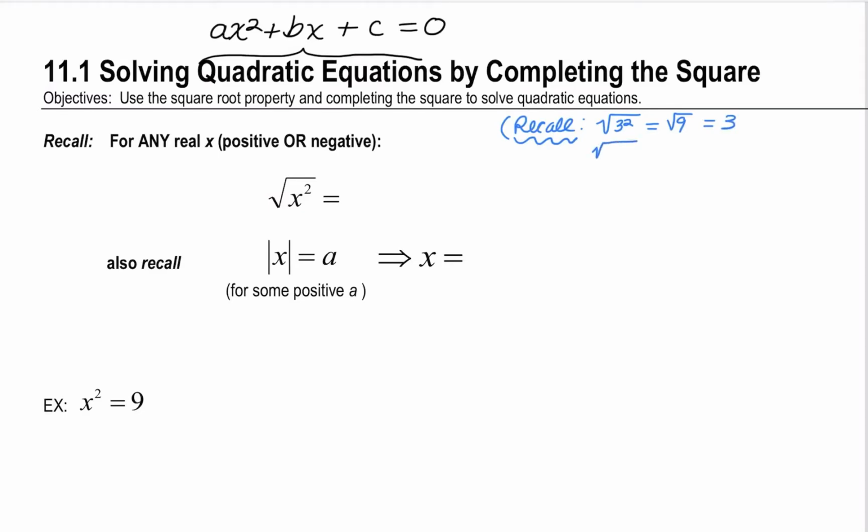But when we take the square root of negative 3 squared, that is also the square root of 9, which is again 3, not negative 3.